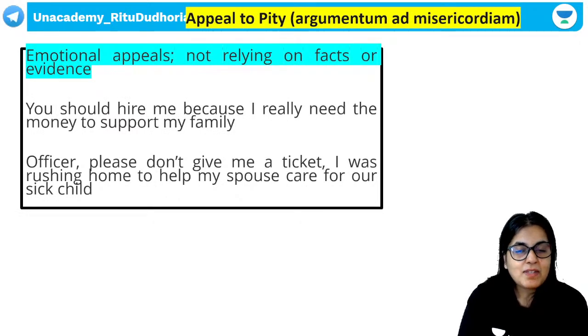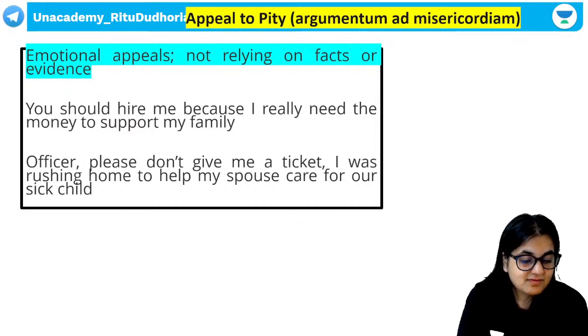Next one. Appeal to pity. Happens all the time, especially when someone asks you for a favor. Emotional appeals. You should hire me because I really need the money to support my family. No, you should hire me because I'm good at what I do or I'm qualified for the job. वो नहीं बोल रहे हो आप, your appeal to pity. Correct, Rahul.